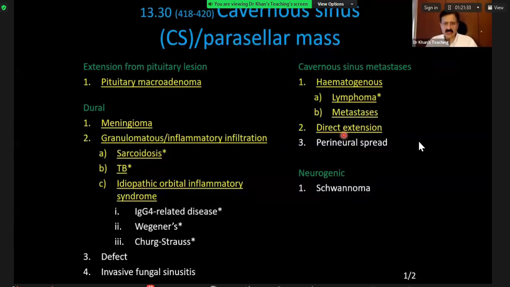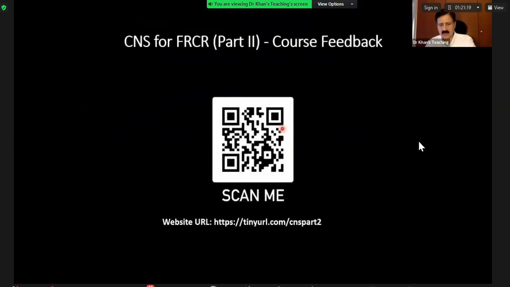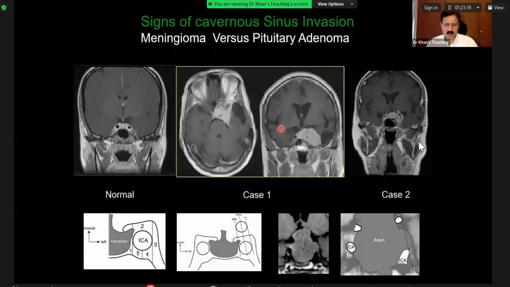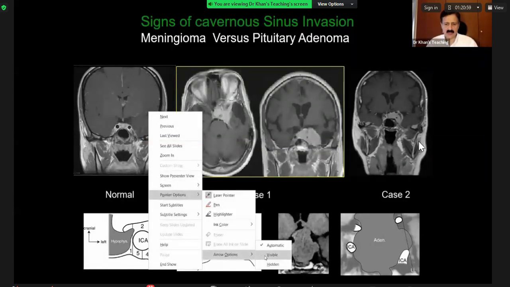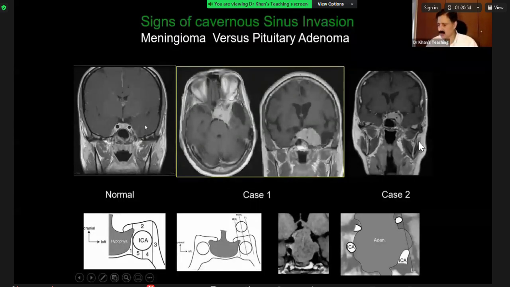Okay, now, cavernous sinus lesions or parasellar lesions, this is another differential which you have to consider. Radiologically speaking, there are various kinds of parameters which can be seen to say if there is involvement of the cavernous sinus or not.